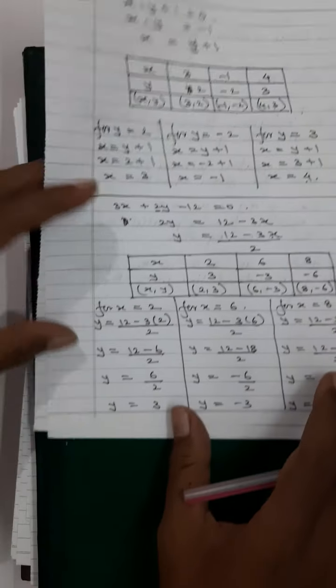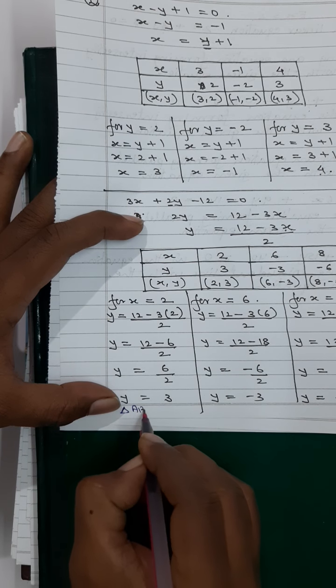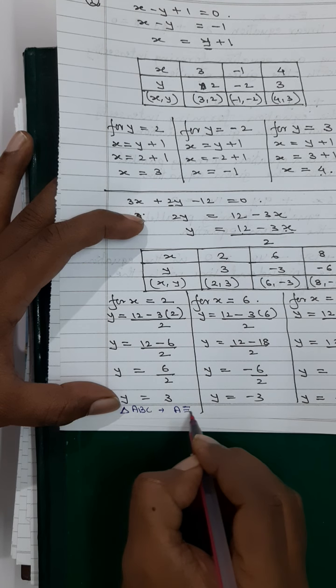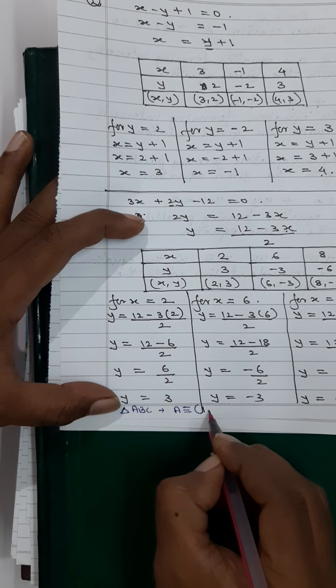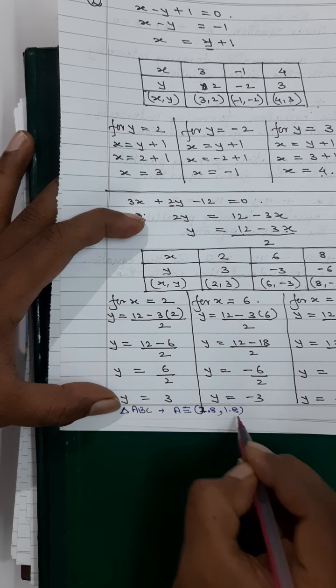So you will write over here triangle ABC. A corresponds to 2.8 comma 1.8.